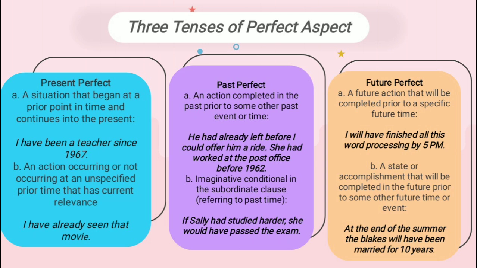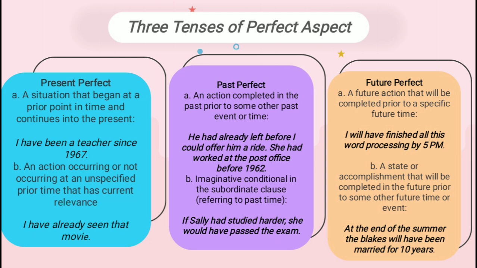So he or she has been a teacher since 1967, and continues up until now. Letter B, an action occurring or not occurring at an unspecified prior time and that has current relevance. For instance, I have already seen that movie.